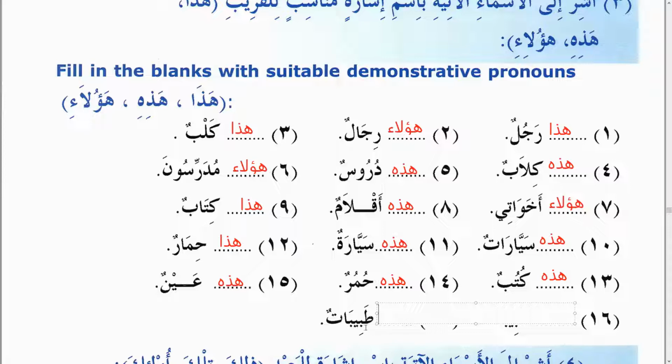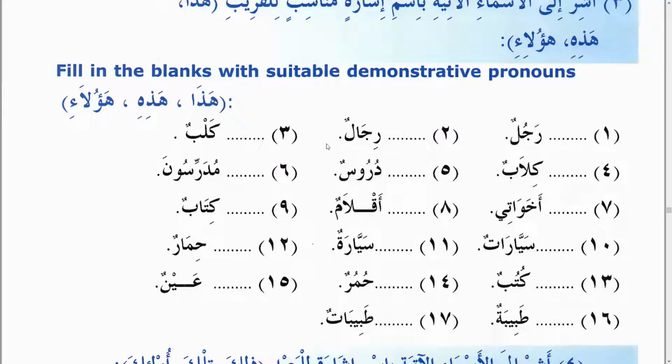Doctors are generally intelligent beings. Female doctors. So what's the plural for intelligent beings? Haulai. Now, they could be non-intelligent also, but generally they are intelligent. So haulai tabibatun. These are doctors. So alhamdulillah, this is what it is. We have to be careful with the plural. So this exercise gives us a good idea of this lesson.